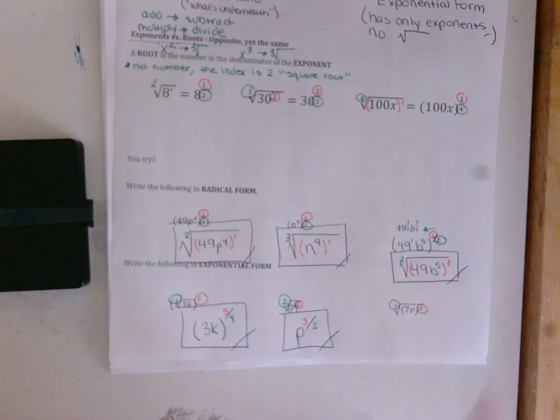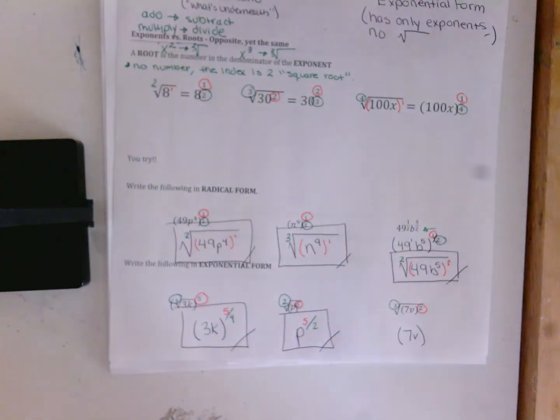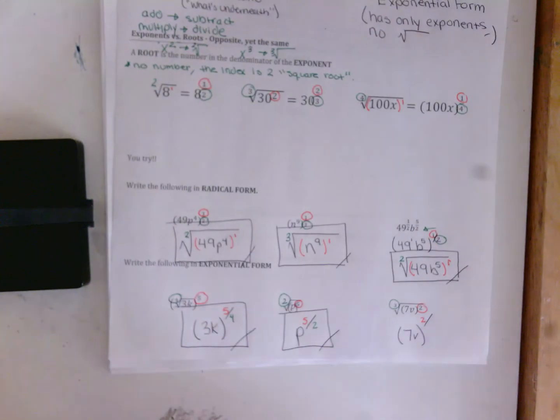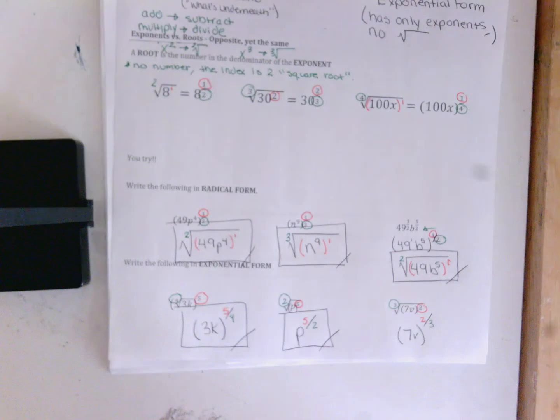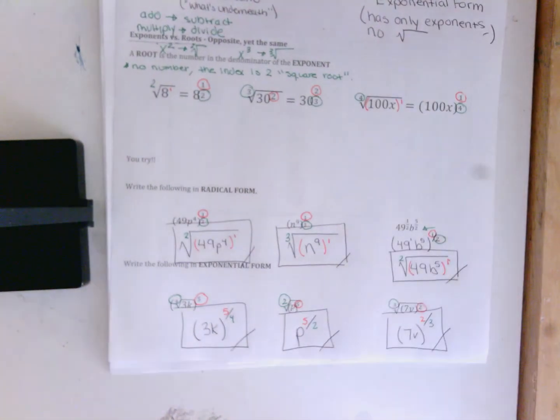The radicand is going to stay the same. This is our base. We've got the power. We've got the root. And this is our final answers.